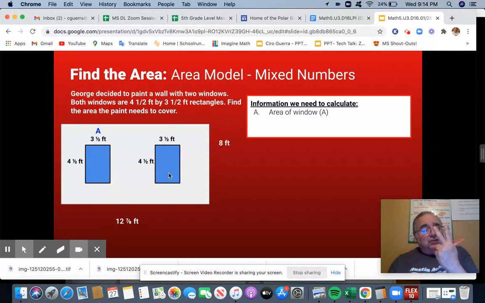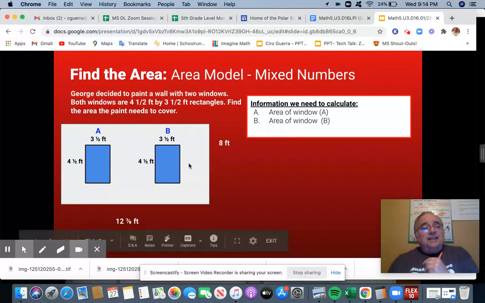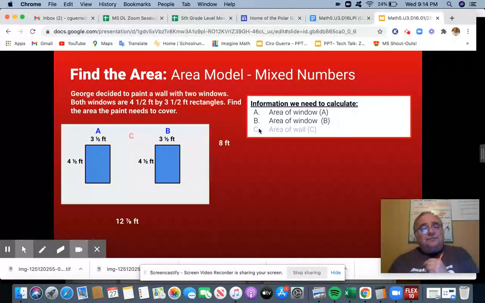And remember, there's 2 windows, so that means I got to do 2 of them. And then I have to find the area of the wall. That'll be the first things I have to do. Does that let me know the area of the paint that needs to be covered? No, it doesn't. We'll deal with that in a little bit.